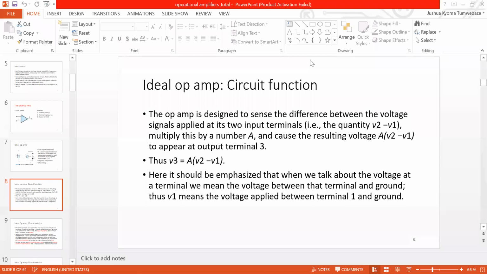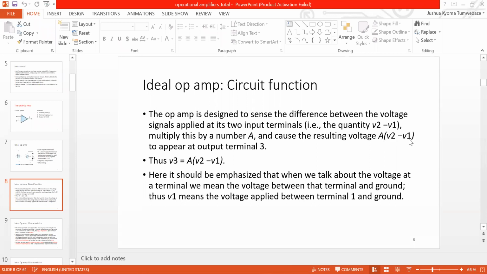So what the op amp does is that it gives you an output which is the difference between the two input voltages, and then multiplies it by a number A, so that the output voltage is actually A times (V2 minus V1).